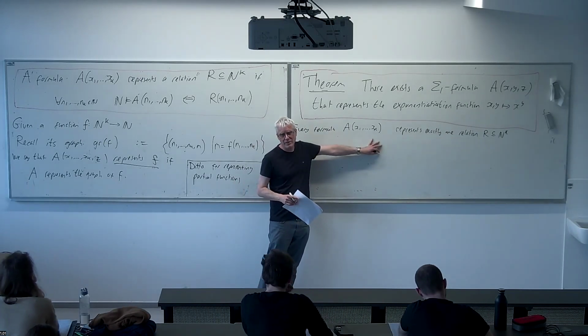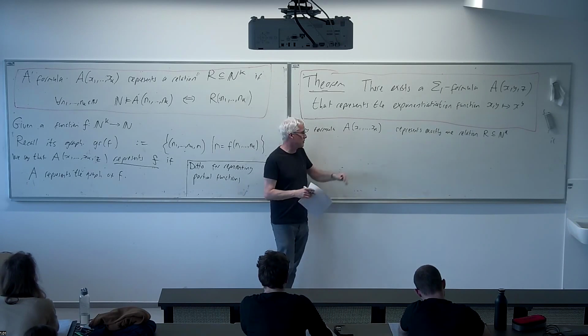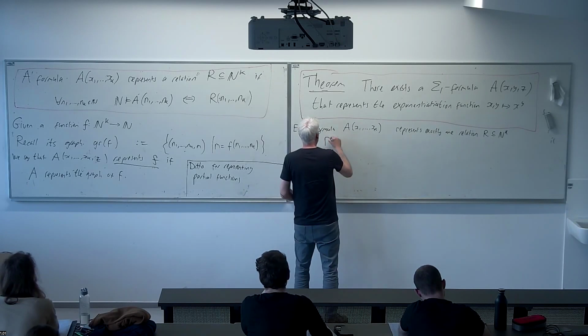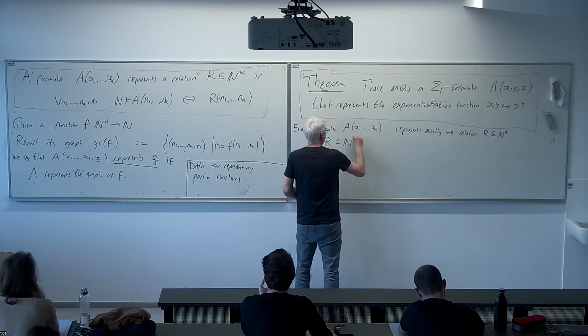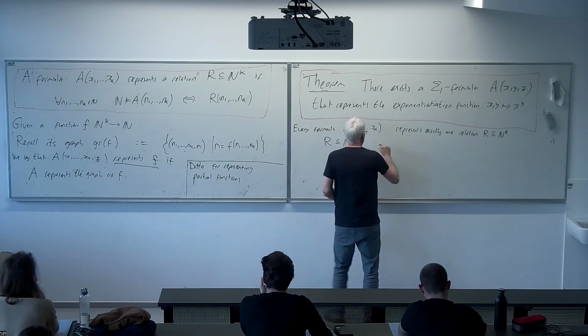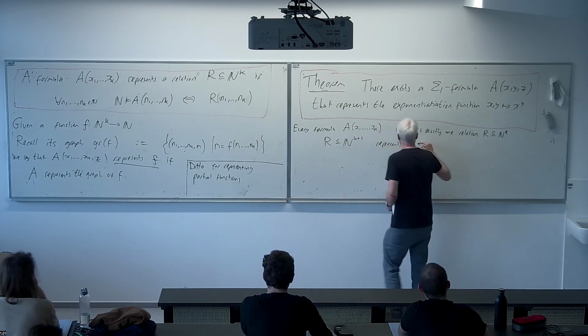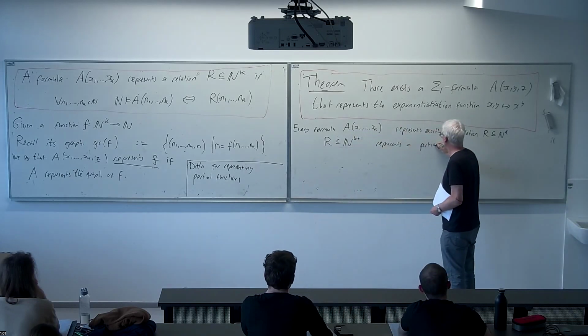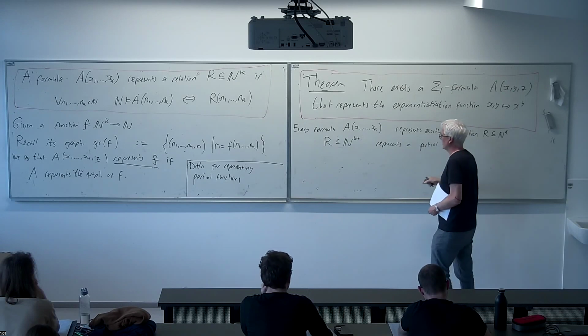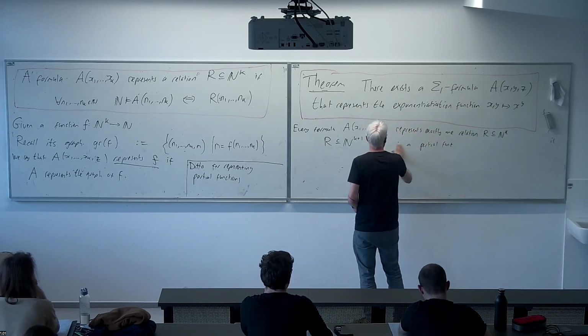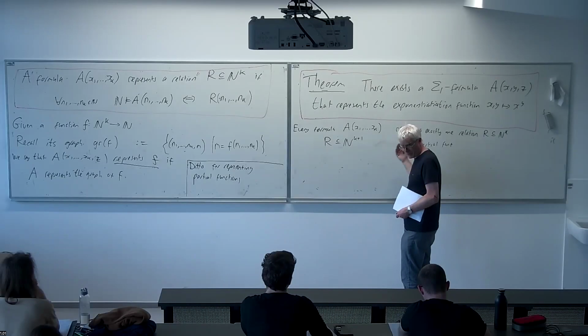What does it mean to represent a function and a partial function? Well, an R in N to the k plus 1 represents a partial function. Sorry, they're not representative. Formulas represent relations.